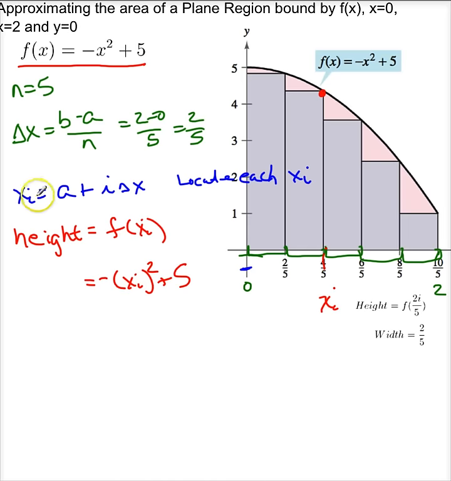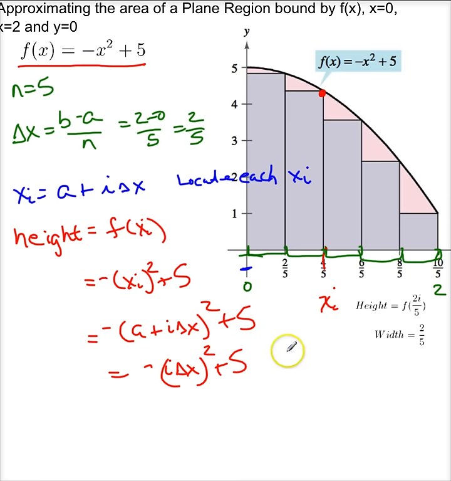Now remember, what is x of i? x of i in this case is a plus i delta x, so minus (a plus i delta x) squared plus 5. Now in this case, a is 0, so this is minus i delta x squared plus 5.